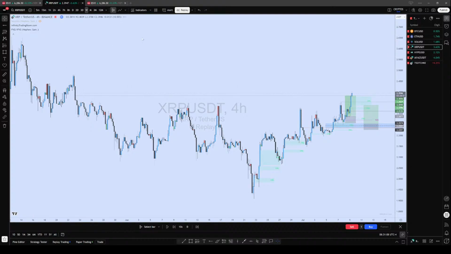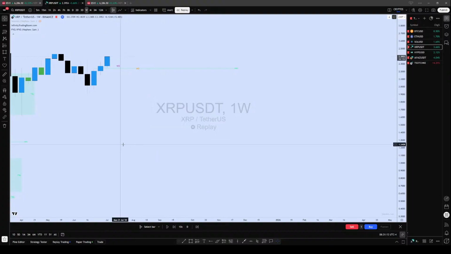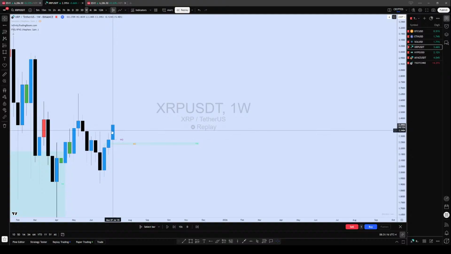So let's move a little bit higher in terms of time frames to determine where they need to go now. If again this week can close bullish, that's nice.